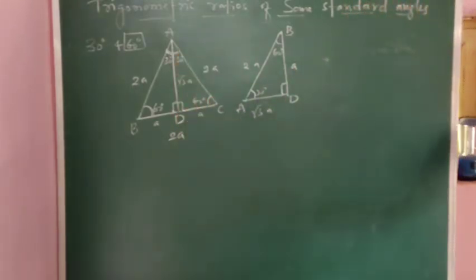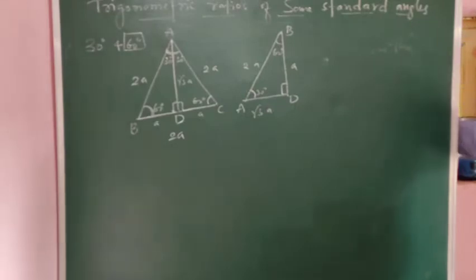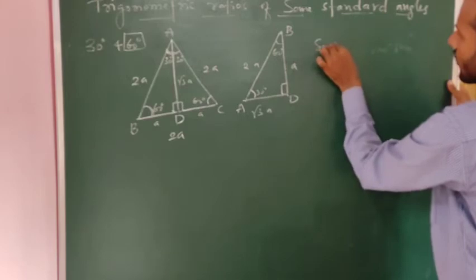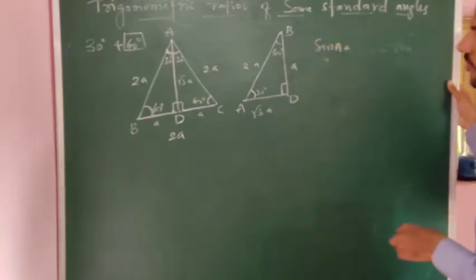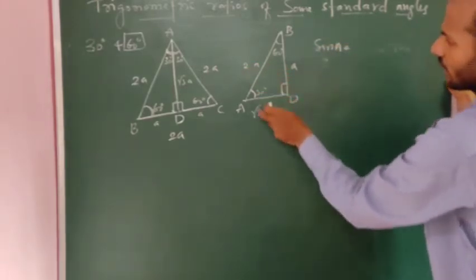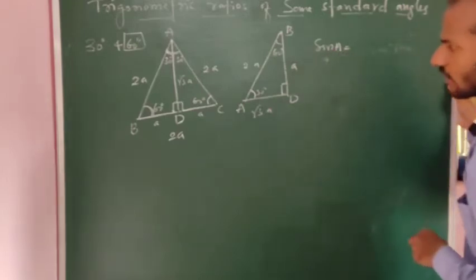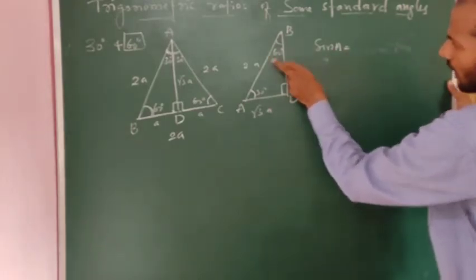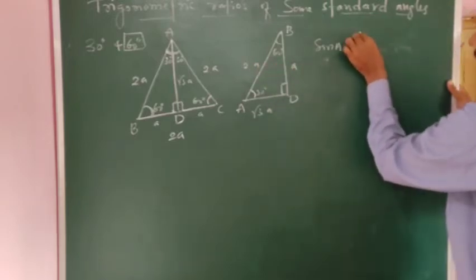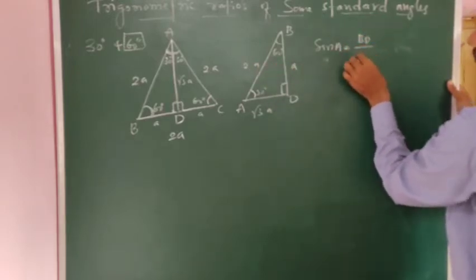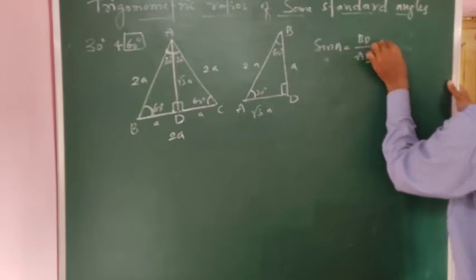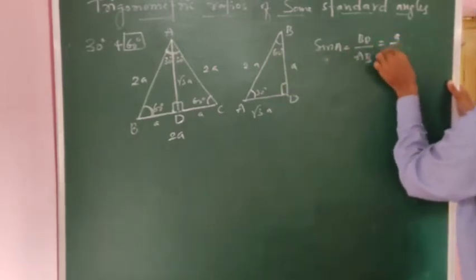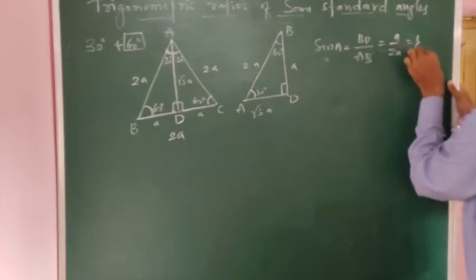Now simplify just by using trigonometric ratios. Sine A equals, all three sides we have now, right? Sine A is perpendicular by hypotenuse, that is BD by AB, that is A by 2A, which is 1 by 2.